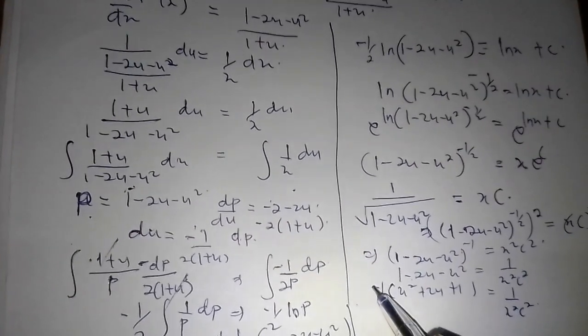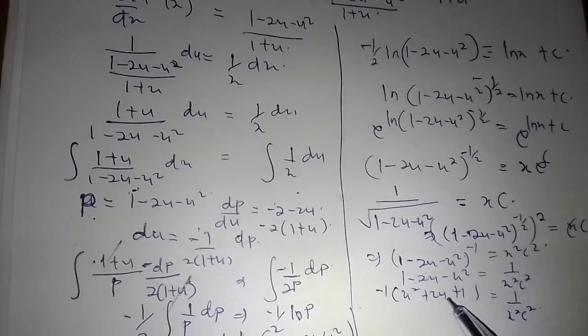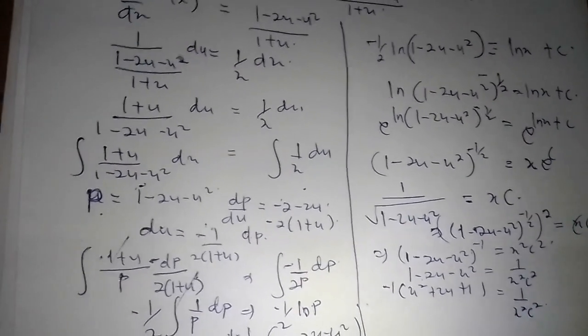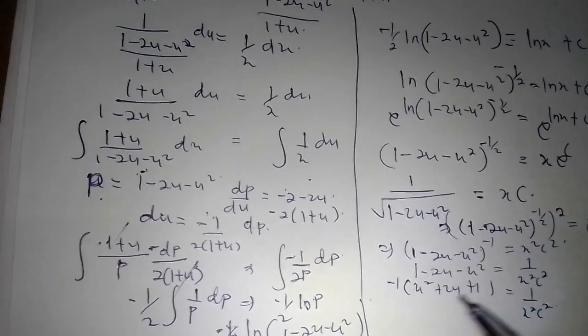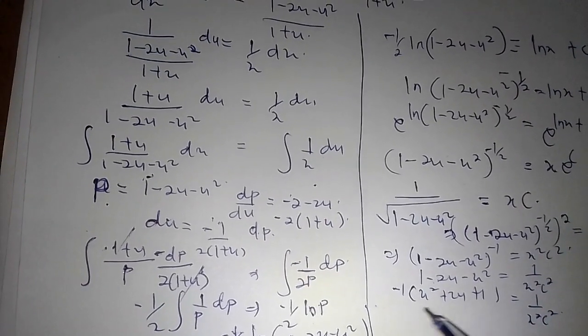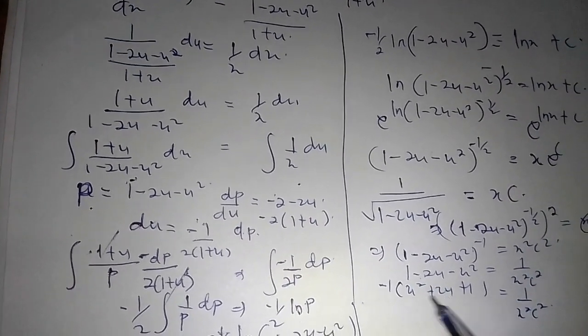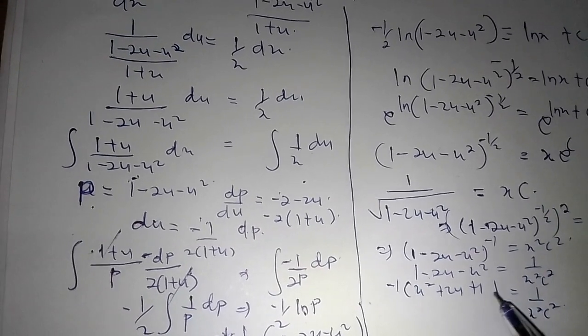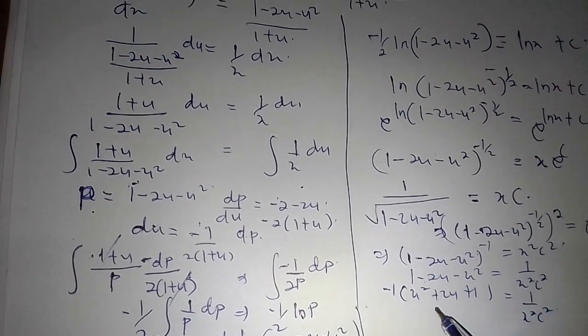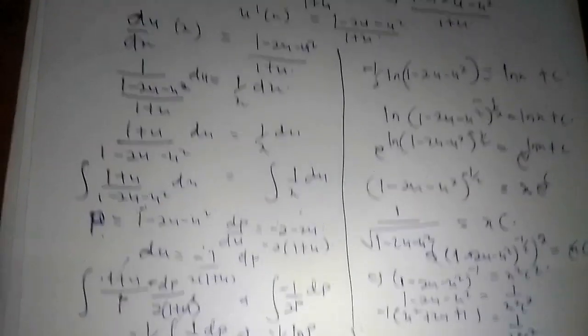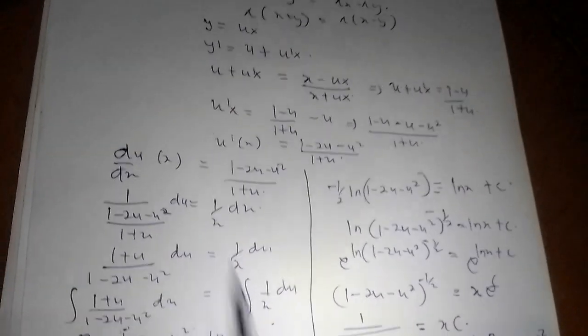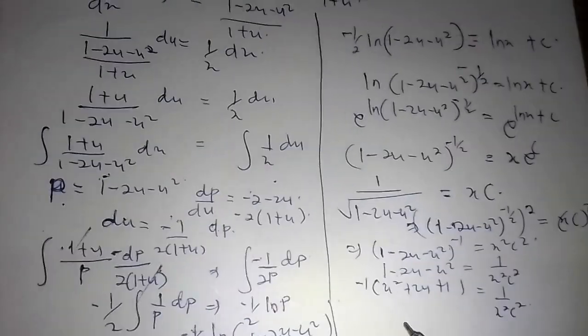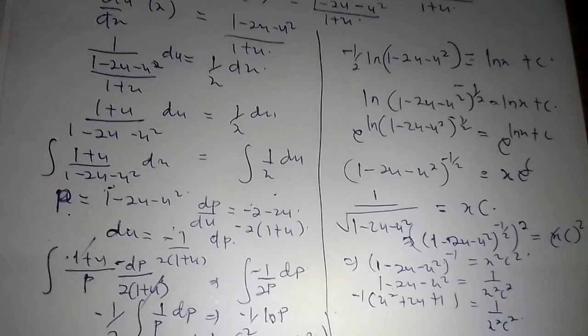So once I have this, in fact this expression is a quadratic equation you have here, and if you make u the subject, then you simply substitute it in this form. My working space is finished, so I'll continue in the next video. Thank you.